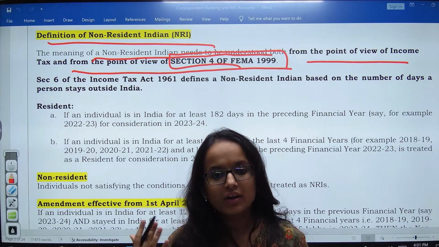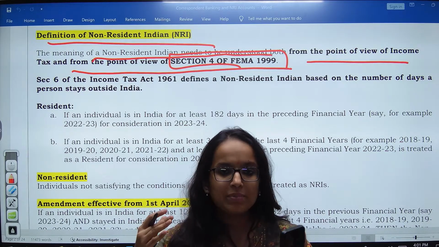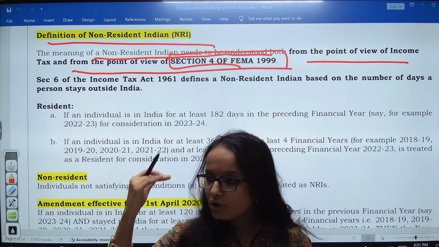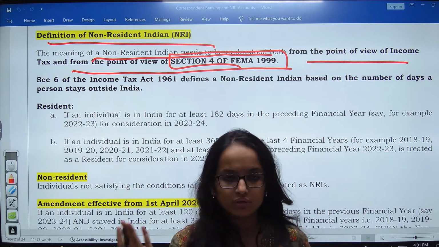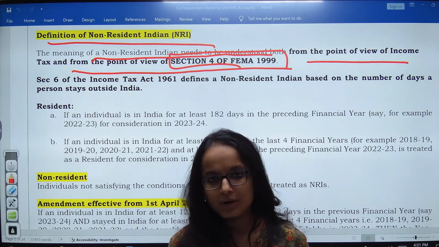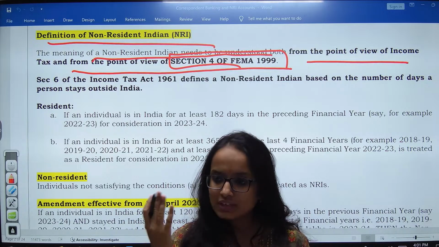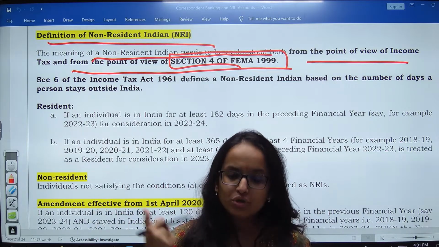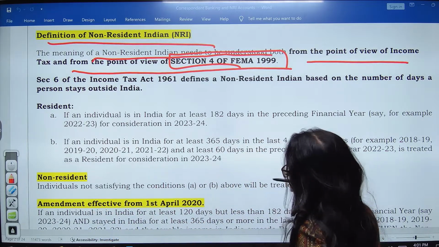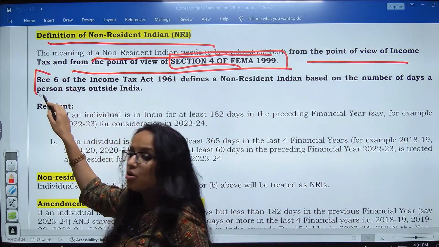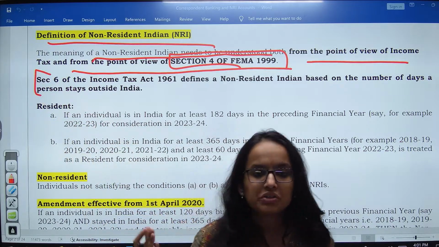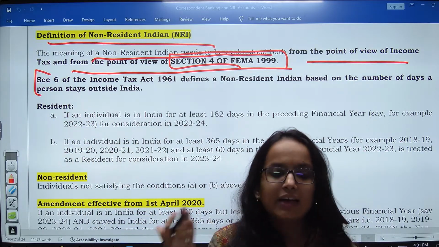So we'll be classifying NRI on the guidelines provided under both the Income Tax Act as well as FEMA. You remember the criteria from both points of view. So first, let's see how the Income Tax Act differentiates between a resident Indian and a non-resident Indian.